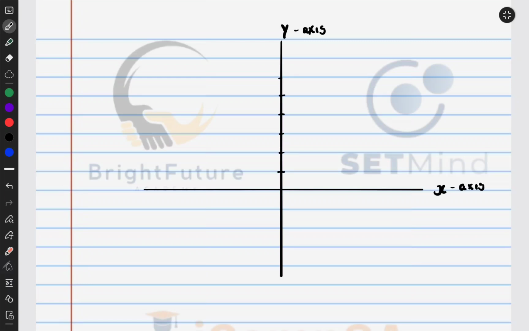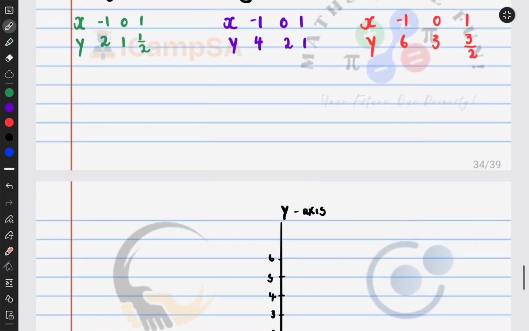I think there is marks for that in the exam. 1 and 2, 1, 2, 3, -1, -2, -3, 1, 2, 3, 4, 5, 6.